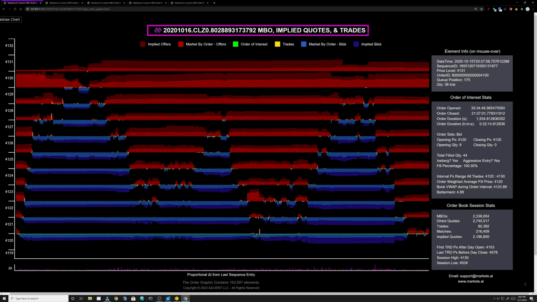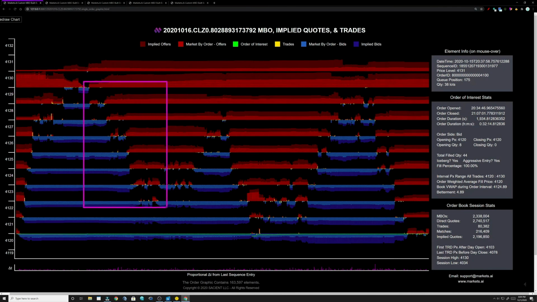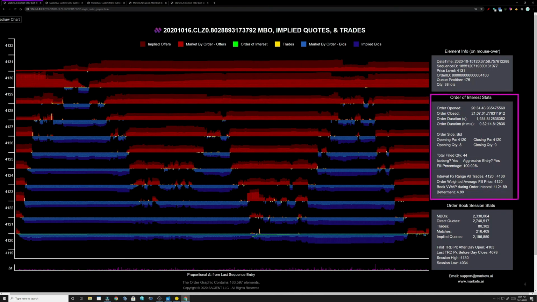And I guess if you look globally at the chart, you can really see the movement, sort of with the underlying tone of a plain old line chart of trades, obviously with much more detail. So, as always, we come over to our order of interest stats.